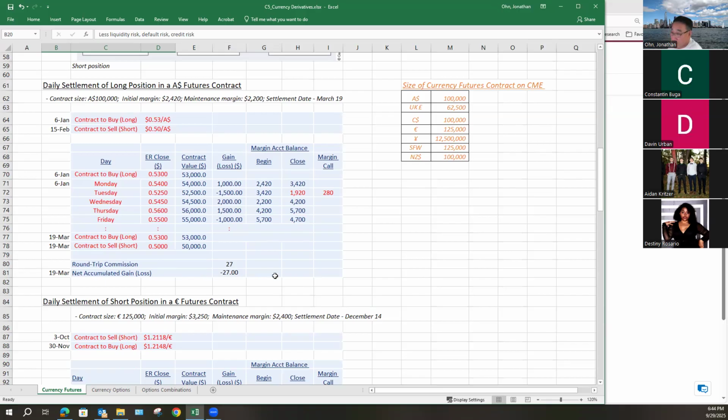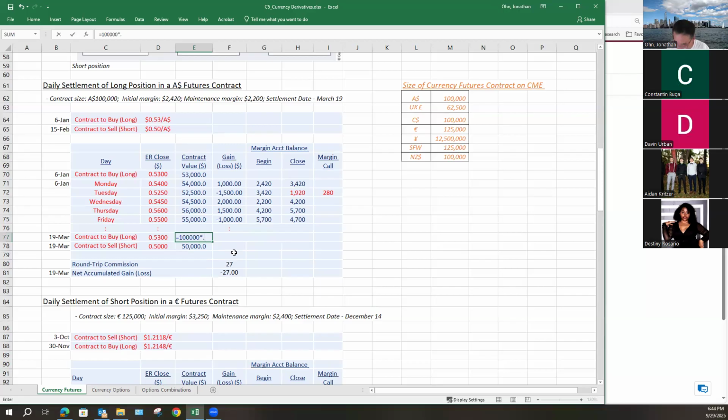Okay. Now, at maturity, at settlement, like March 19th, everything should be finalized. So since you are in a long position at 53 cents, your expected payment will be this times 100,000, right? 100,000 times 0.53.